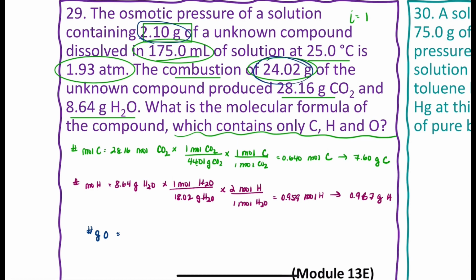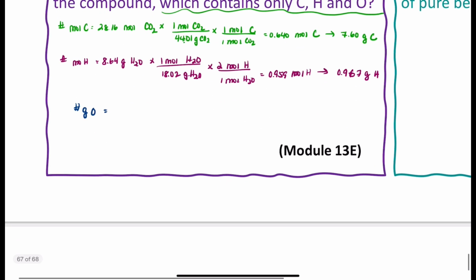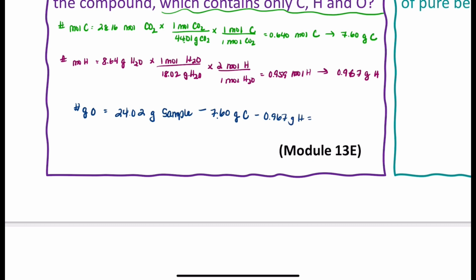Okay, there it is, 24.02. The solution contained 2.10 grams, but the sample that was actually burned was 24.02 grams. So 24.02 grams of sample minus 7.68 grams of carbon minus 0.967 grams of hydrogen.